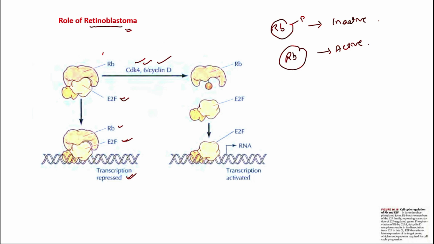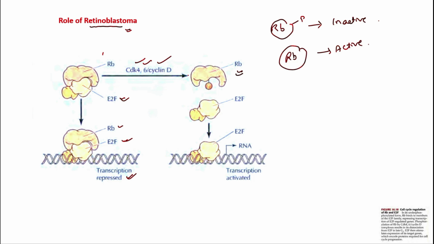But when CDK4, CDK6 and cyclin D are present, they phosphorylate the RB. But remember one thing: CDK4 alone cannot inactivate it, because we require RB to be inactive. If it is inactive, it will leave the E2F.